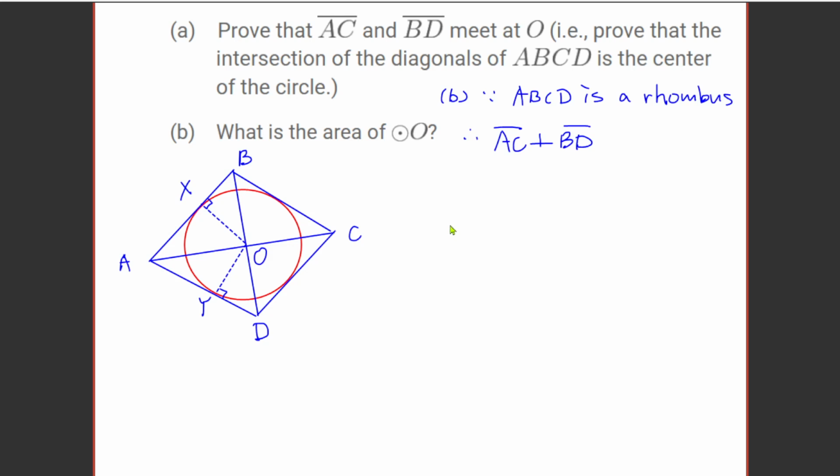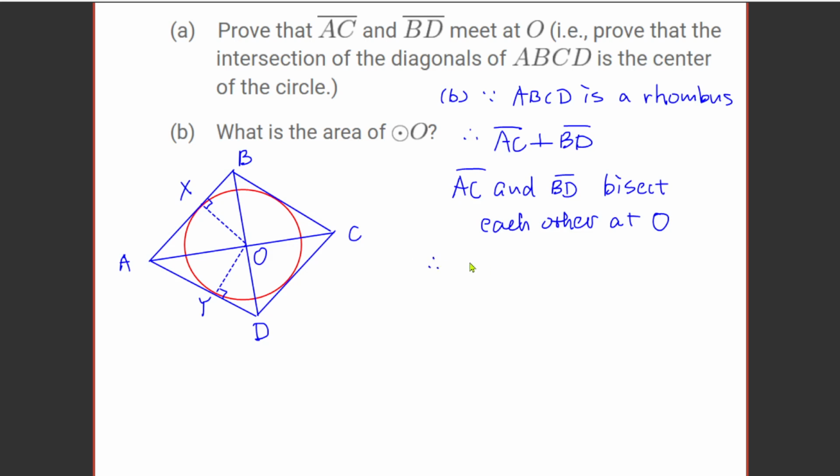Also, ABCD is a parallelogram, because a rhombus is also a parallelogram. And then AC and BD bisect each other at point O, right?